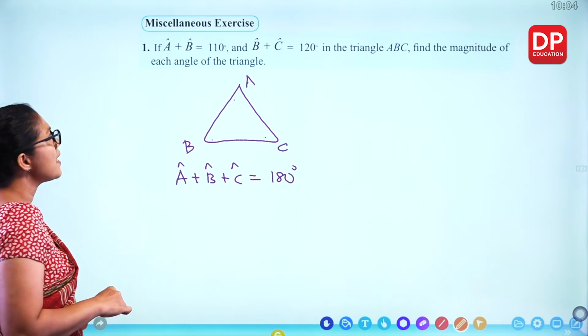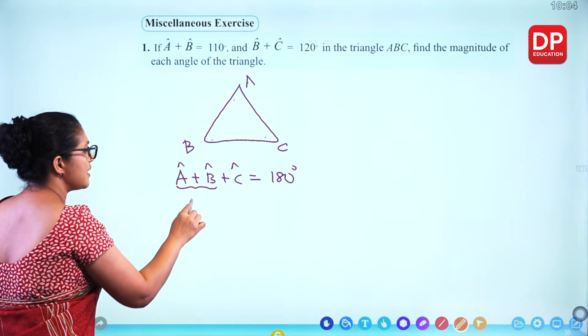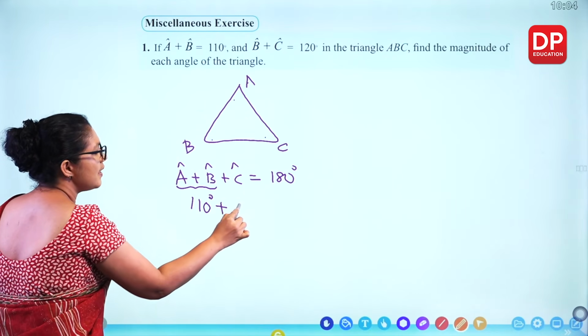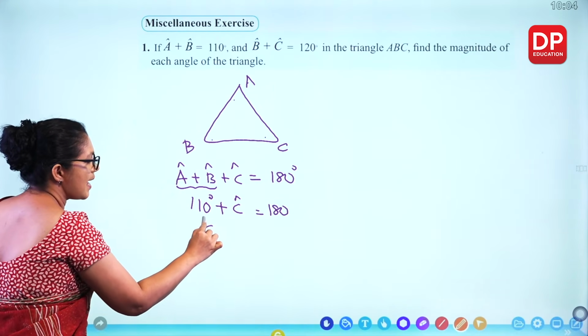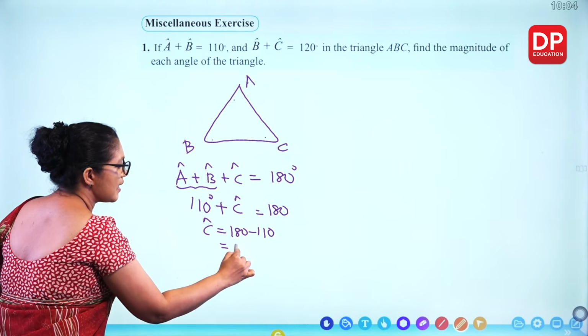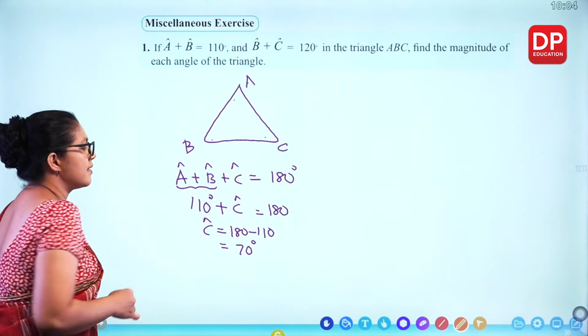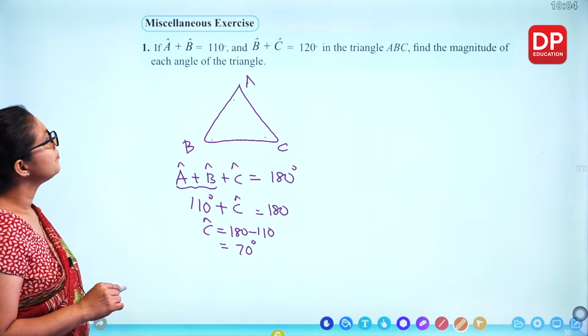It says A plus B is 110. So this part is 110 given. Then what's the C value? C angle is 180 minus 110. I can write 70 degrees. So C angle is 70.